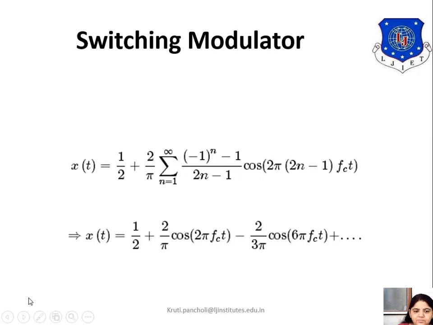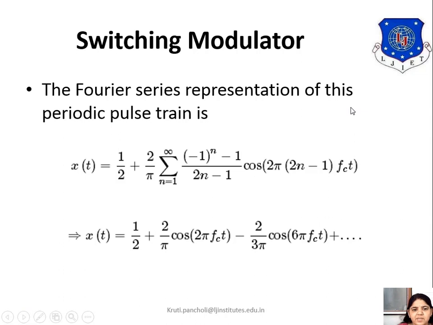The Fourier series representation of the periodic pulse train is x(t) = 1/2 + (2/π) Σ for n = 1 to infinity of (-1)^(n-1)/(2n-1) cos[2π(2n-1) fc t]. So the solution is x(t) = 1/2 + (2/π) cos 2π fc t - (2/3π) cos 6π fc t, and so on.